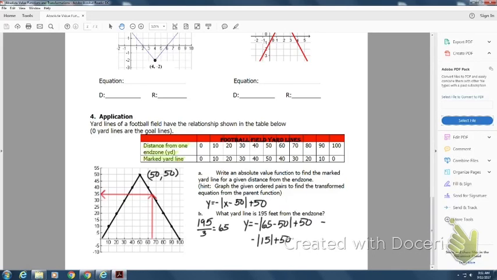But you still make sure that negative up front is still going to be there once you take the absolute value of 15. So then you would have negative 15 plus 50. And that will also tell you that it is going to be the 35-yard line, and that it is 65 yards or 195 feet from the end zone.